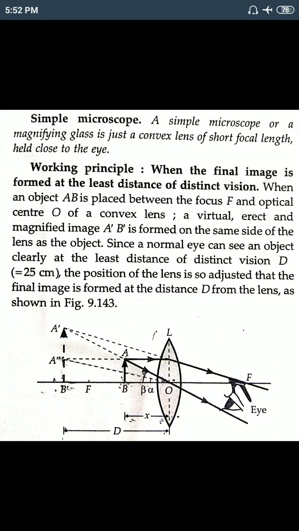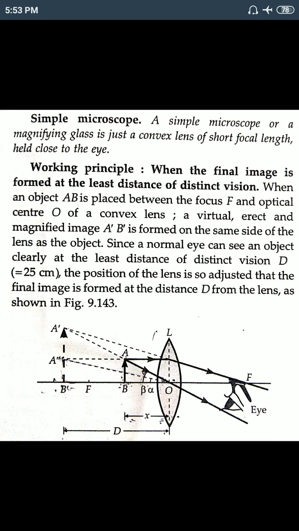We know that in this case it will form a virtual, erect and magnified image of that object. So A dash B dash is formed on the same side of the lens as the object. It is the larger image of the object AB.